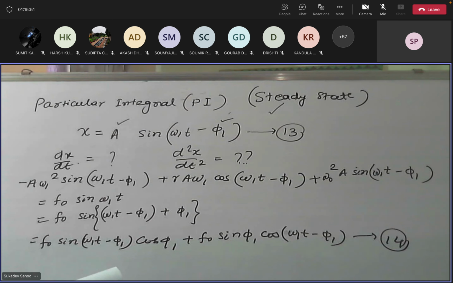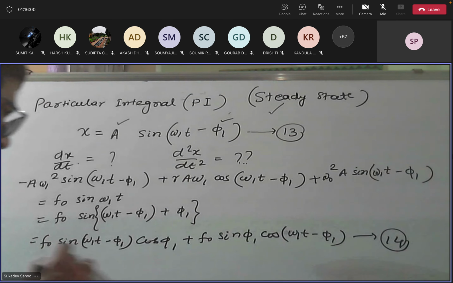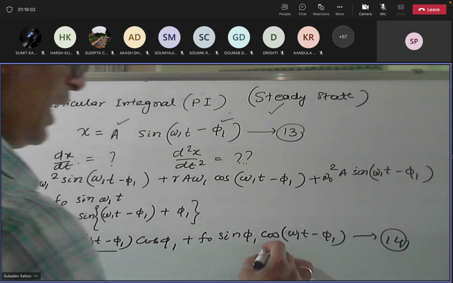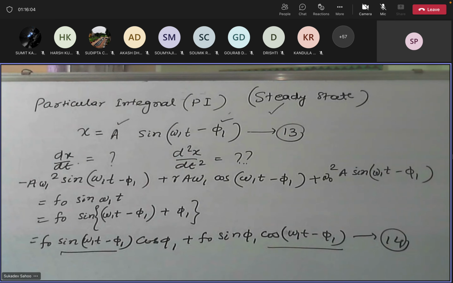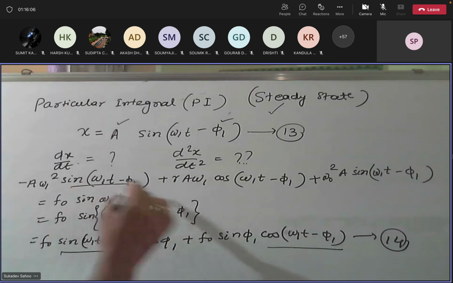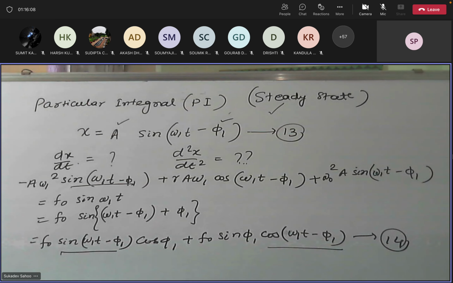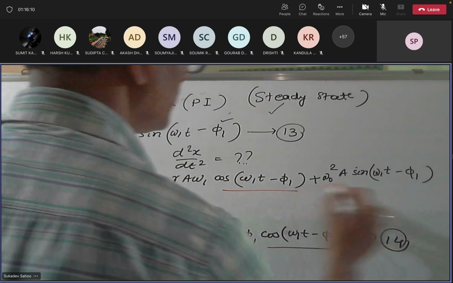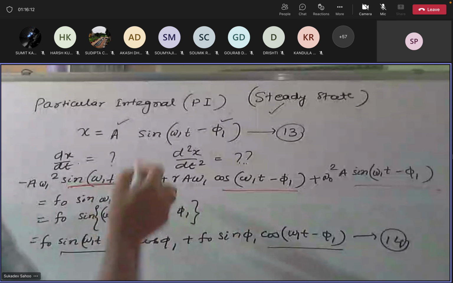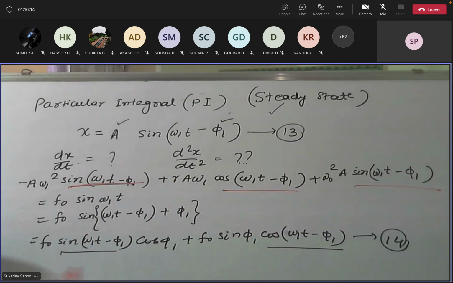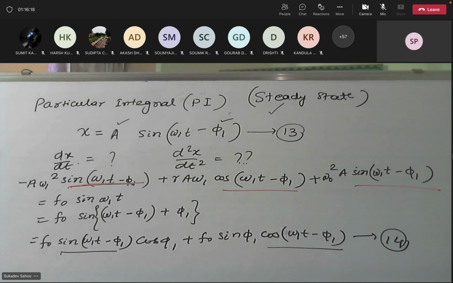Now since equation number 14 is valid for all values of t, we can equate the coefficients of sin omega 1 t minus phi 1 and cos omega 1 t minus phi 1 from both sides, left hand side and right hand side.